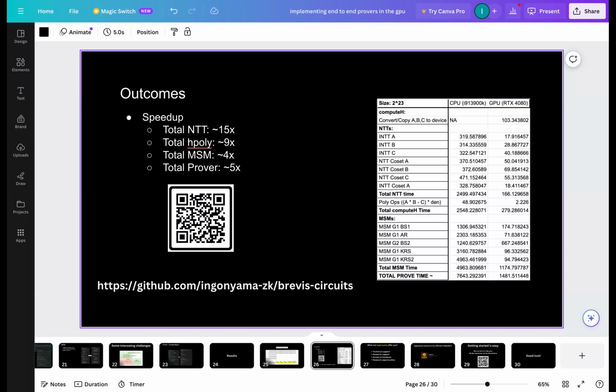So, ASICs. One of the goals of Ingonyama is to build what's called a ZPU, zero knowledge processing unit. Imagine you have the GPUs today, and the GPUs are general compute devices, right? So what Ingonyama wants to build is a general ZK compute device.